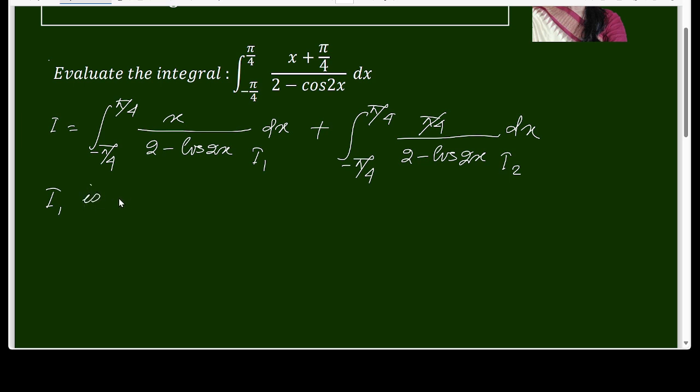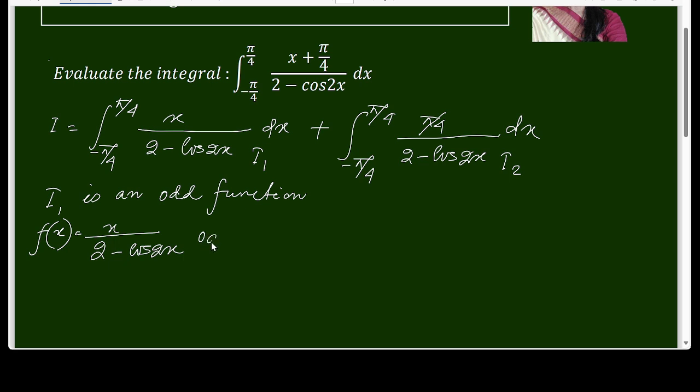it is an odd function. x over 2 minus cos 2x is odd. Why? If you put negative x in place of x, it will be minus of f(x).